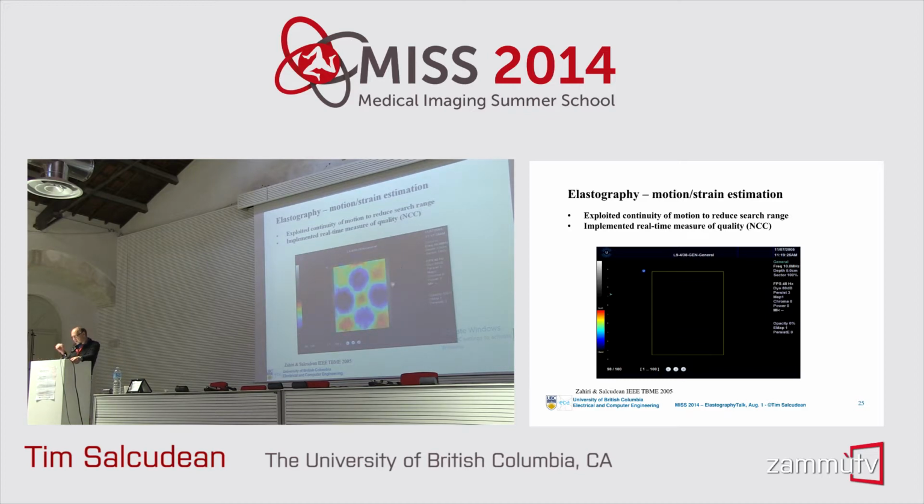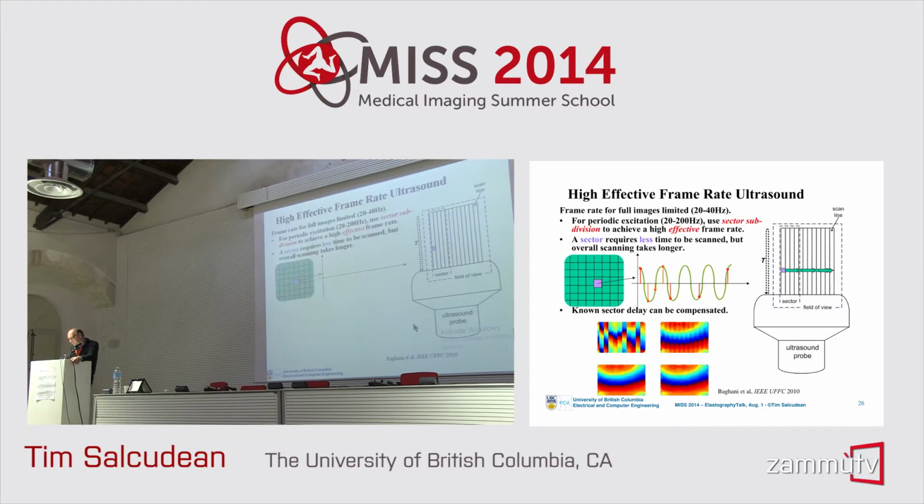And you see that when you actually move the transducer on top of a phantom, at the beginning you really don't see anything, but the features appear from the strain. Now what is really difficult with a standard machine is to actually get a very high frame rate. The imaging frame rate for a full frame of ultrasound is somewhere between 20 and 60 hertz.